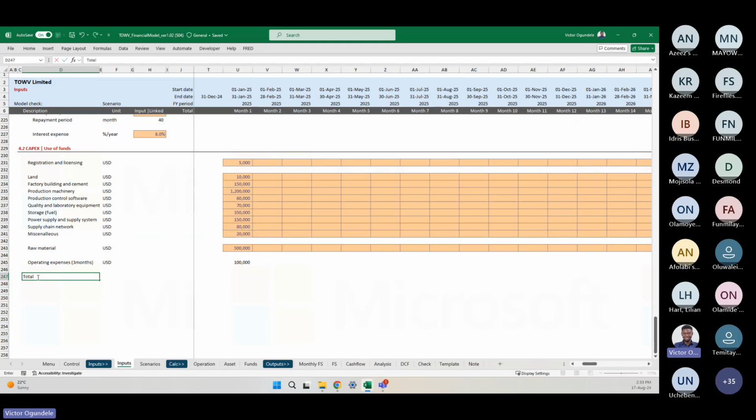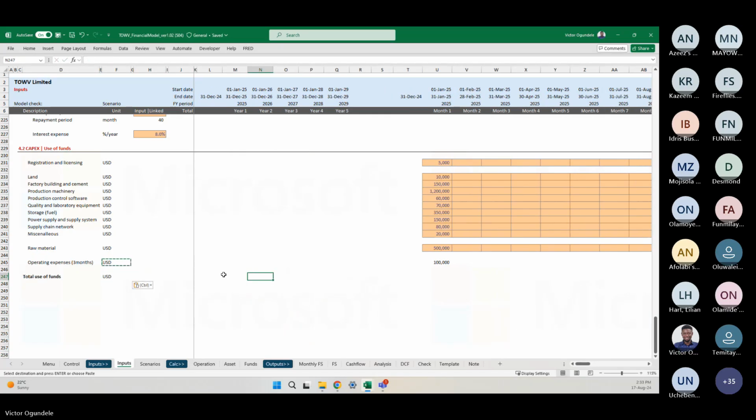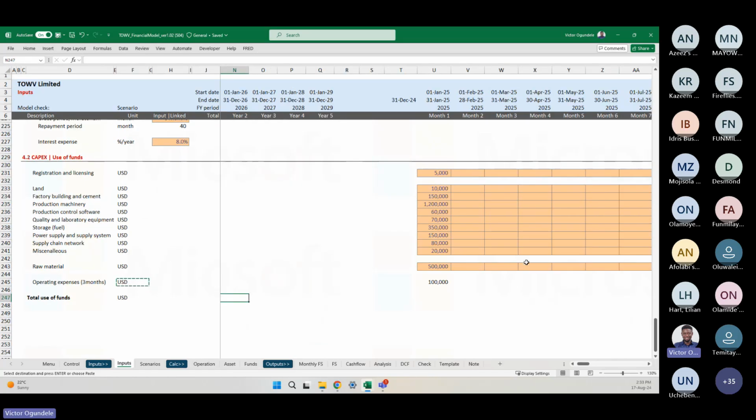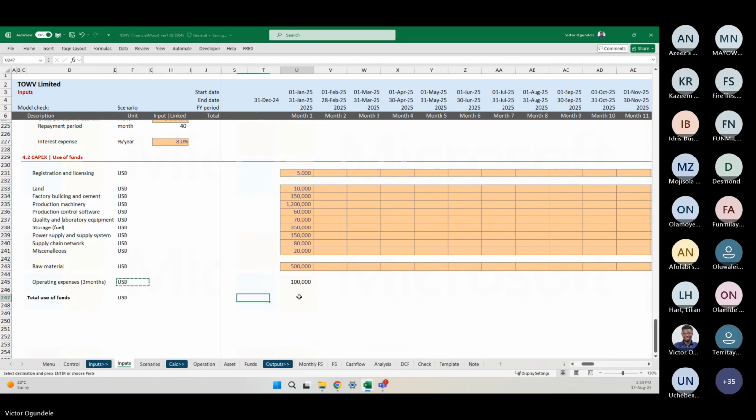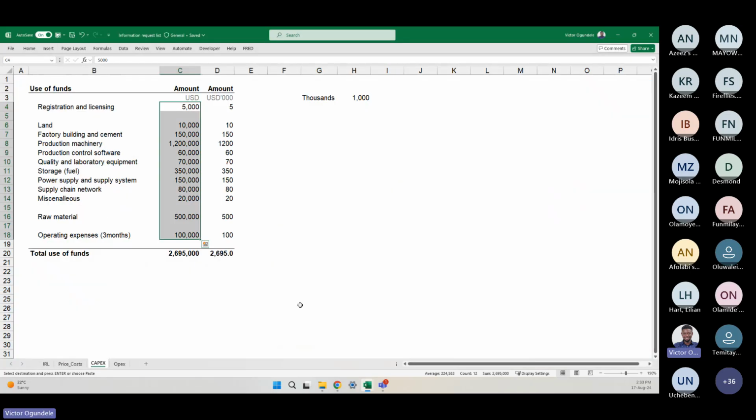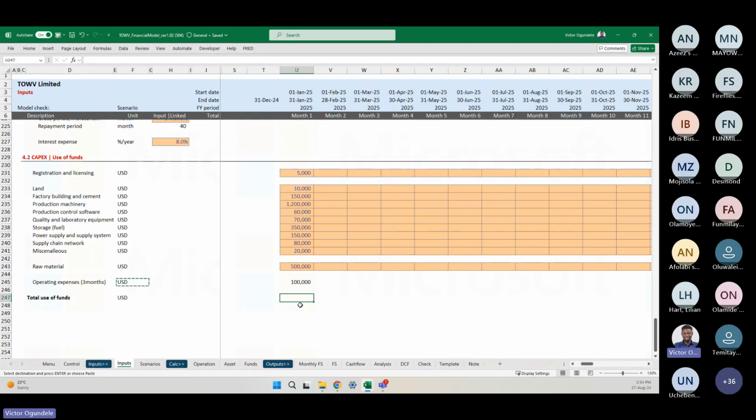So I do my total use of funds. Go to the IRL, copy the amount, copy the use of funds line item, put it here.